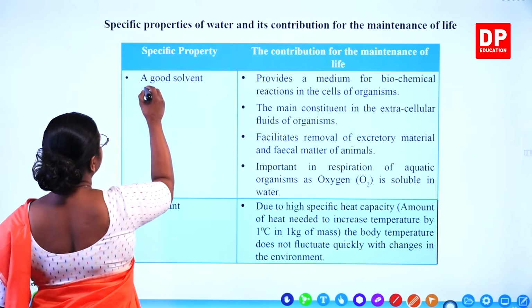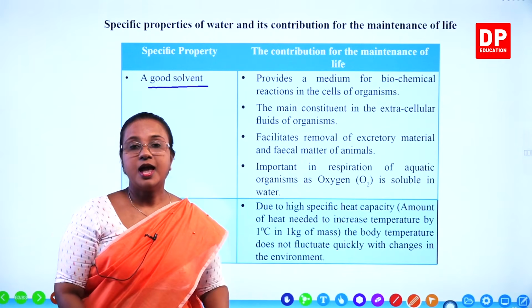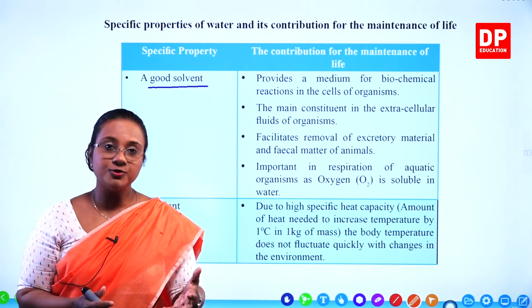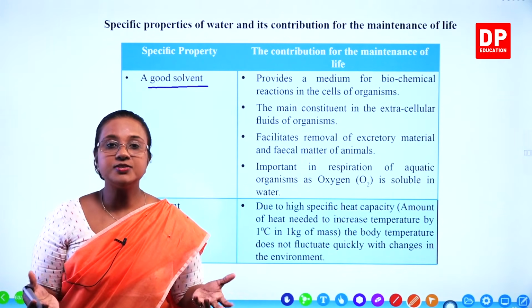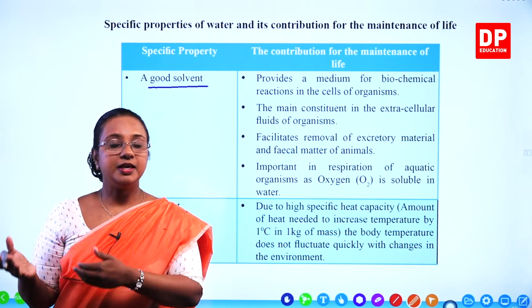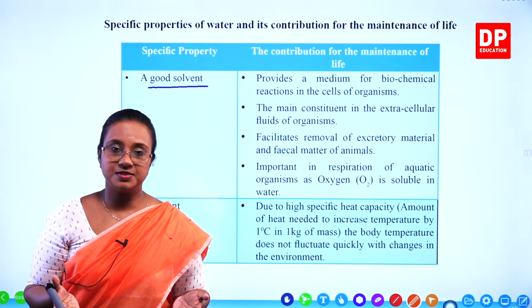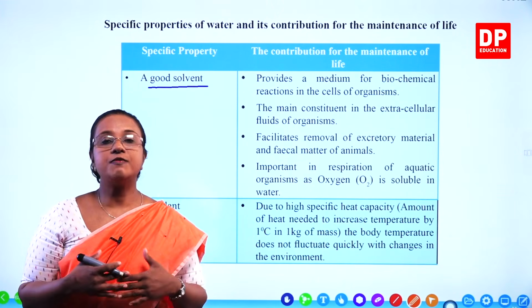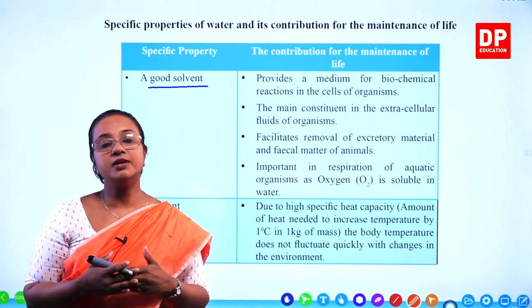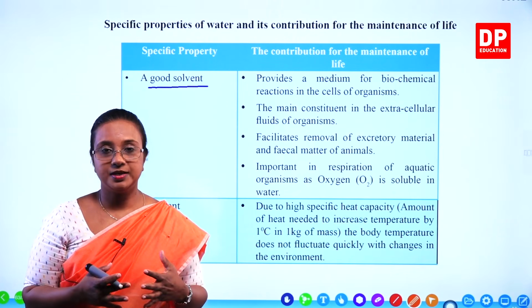The first property: it is a good solvent. As you know, in your household, if you want to dissolve something, say for cooking, making tea, making juice, you use water to dissolve a substance. So, the ability of a substance to dissolve another substance is called the solvent property.